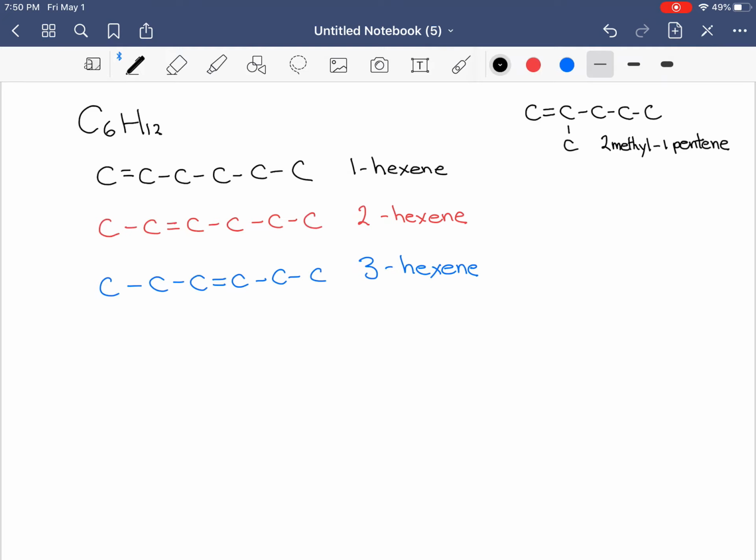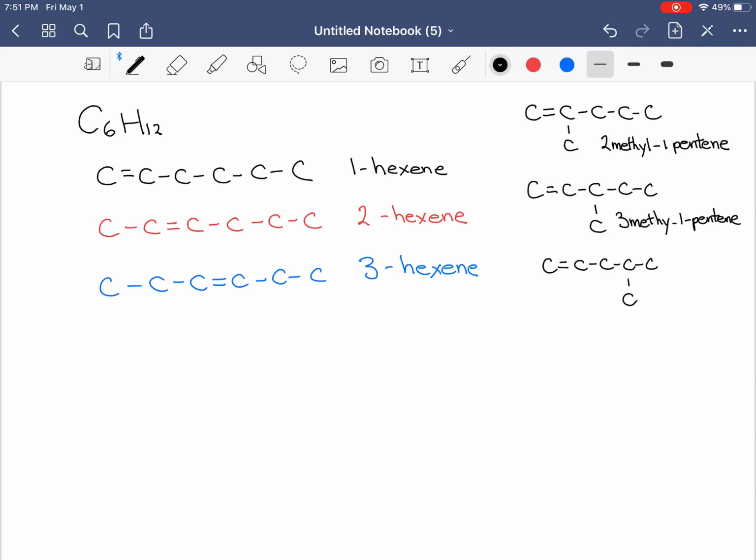Okay, well, let's keep this 1-pentene party going. Just change where the side group is going to be. So we have 3-methyl-1-pentene. Can I move it another carbon? Sure.